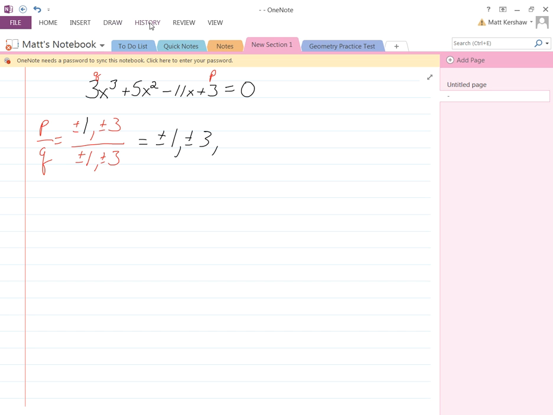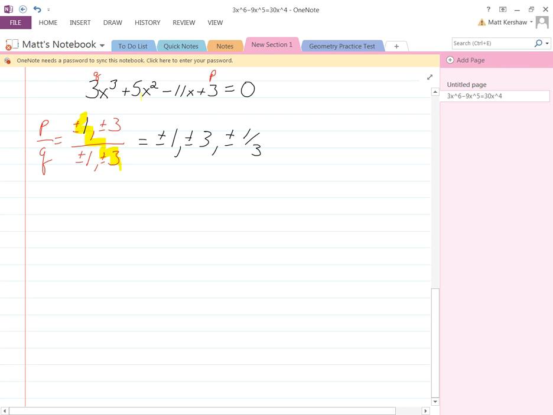And now we need to reduce the other one. So plus or minus 1 over plus or minus 3 gives us 1/3. And then as we look at the next one, 3 over 3 is just 1, and we already have that factor. So we don't need to worry about that.